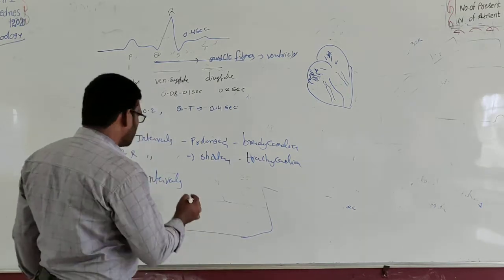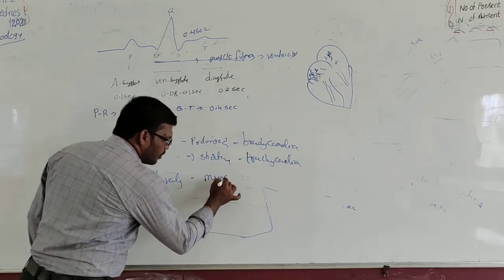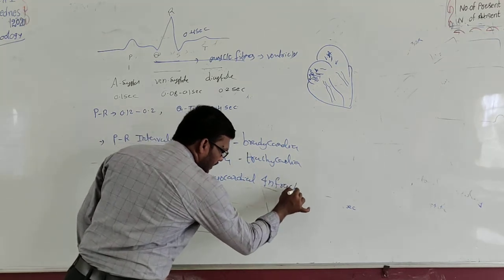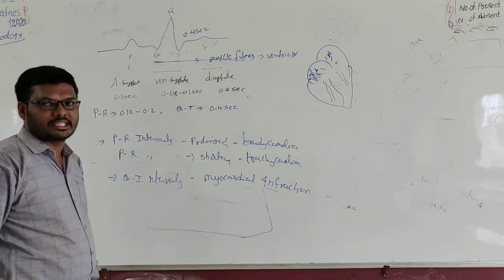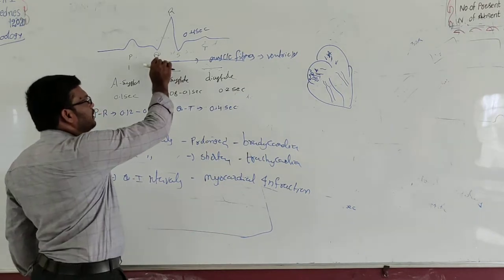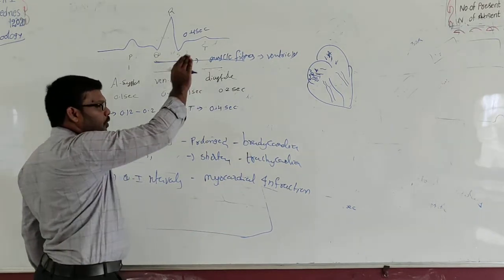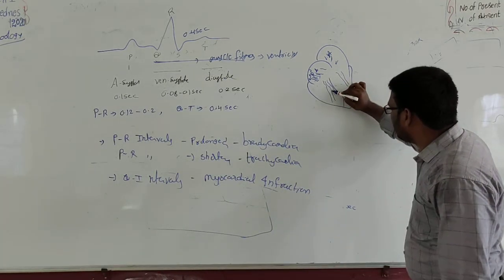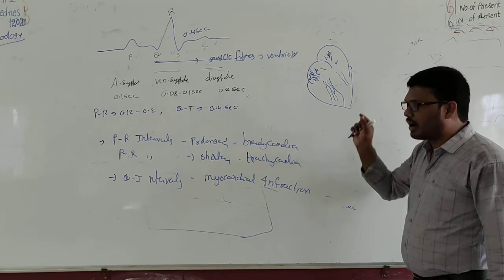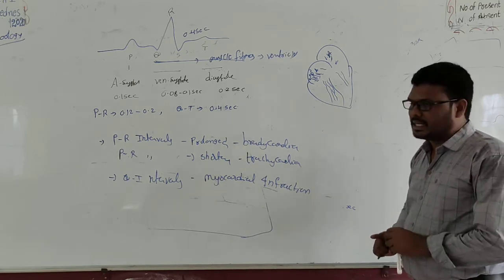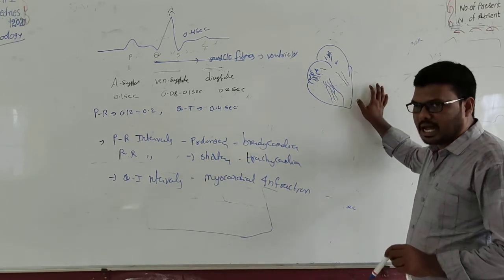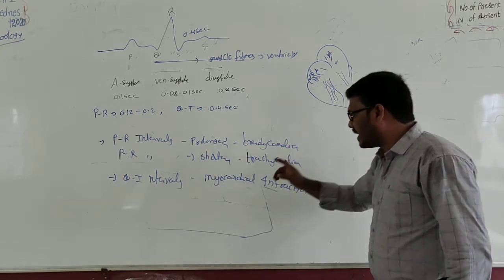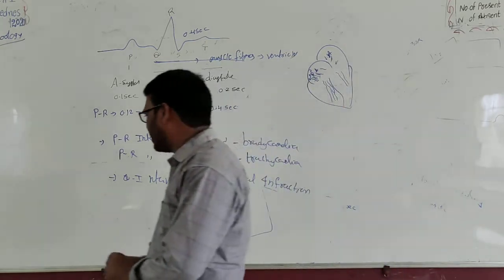At that time it can lead to a disorder called myocardial infarction. That's how myocardial infarction takes place, because the QT interval is prolonged. Why will it be prolonged? Between the bundle of His and Purkinje fibers, maybe blockage or damage takes place. At that time conduction of impulse is also very slow, and it can lead to a disorder called myocardial infarction.